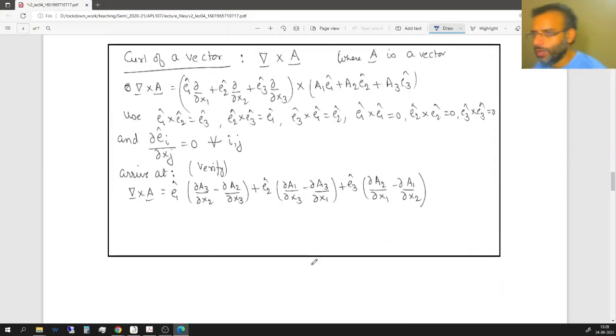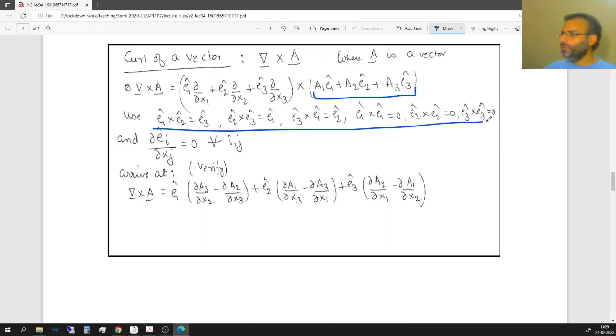Next, we go to what we call the curl of a vector, and the curl of a vector is the cross product of the del operator with that vector itself. So I write del in Cartesian coordinate system as before. I take a cross product with the vector, which is being written again in Cartesian coordinate system.